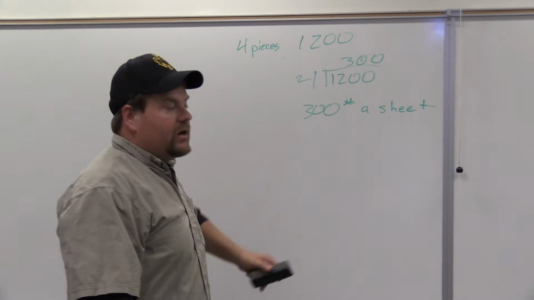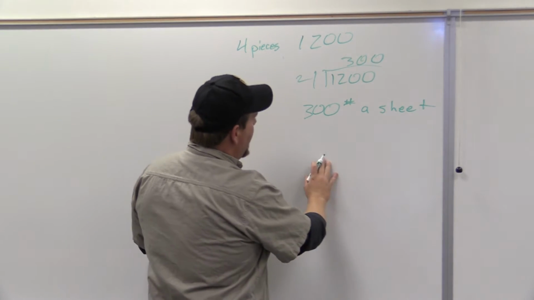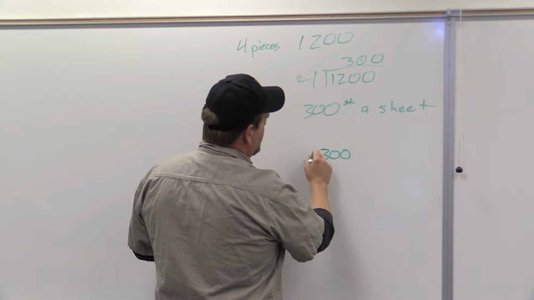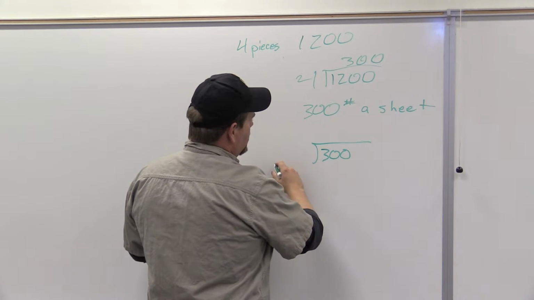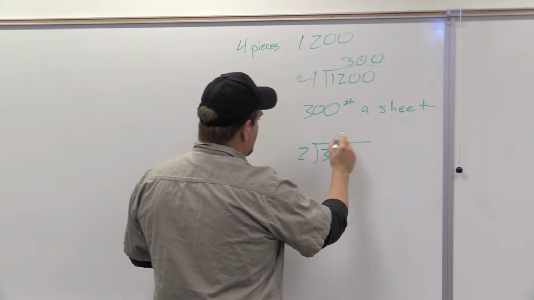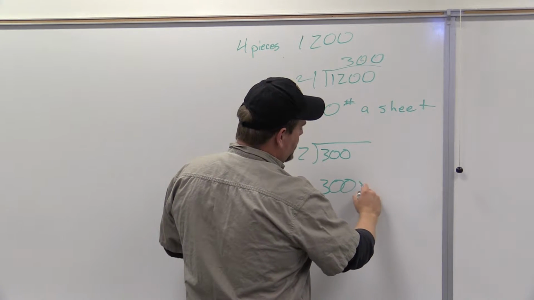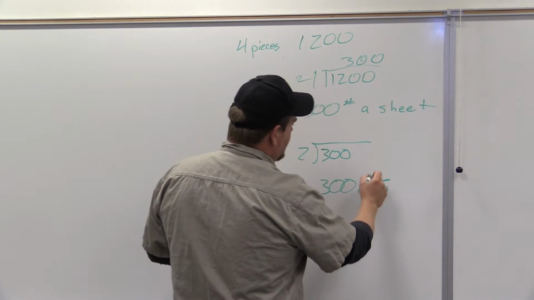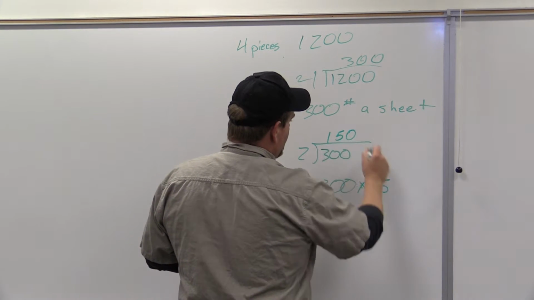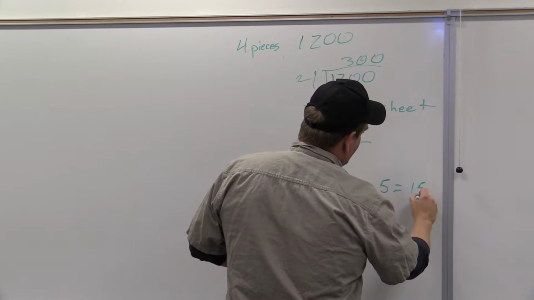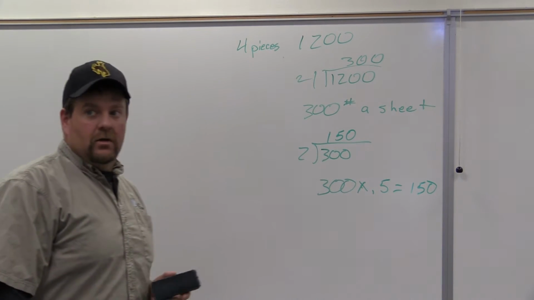Now we know that. Now we also need to figure that out. We're going to use a half, so we take 300 divided by 2, or the other equation we can do is 300 multiplied by 0.5. Either way, you end up with the same situation.